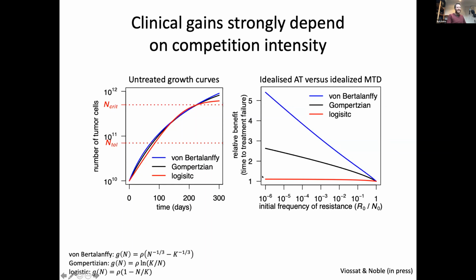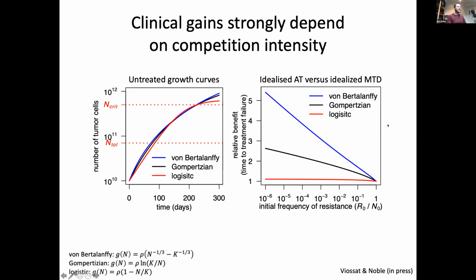But if we look at a logistic function, then we see almost hardly any benefit, even for a superficially similar growth curve. The von Bertalanffy and other functions, on the other hand, describe stronger density-dependent competition between types, and therefore we see bigger gains from adaptive therapy or containment.